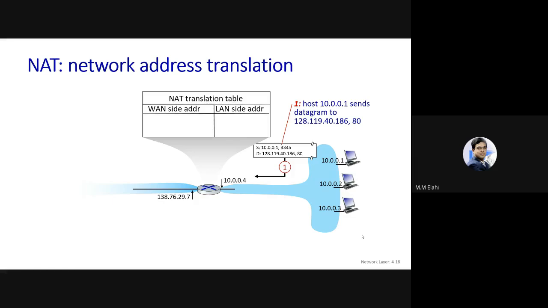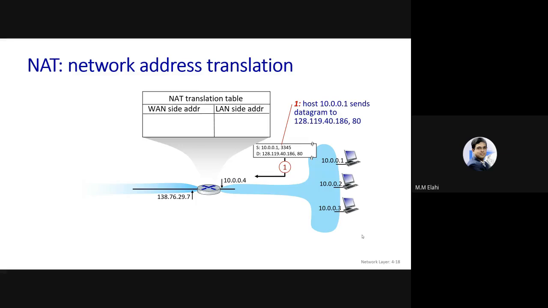So how does it work? Similar concept: a user sitting on 10.0.0.1, a private IP, browses 128.119.40.186, a server on the internet, with port number 80. That means the request is going to a web server, right? This is web browsing using HTTP.